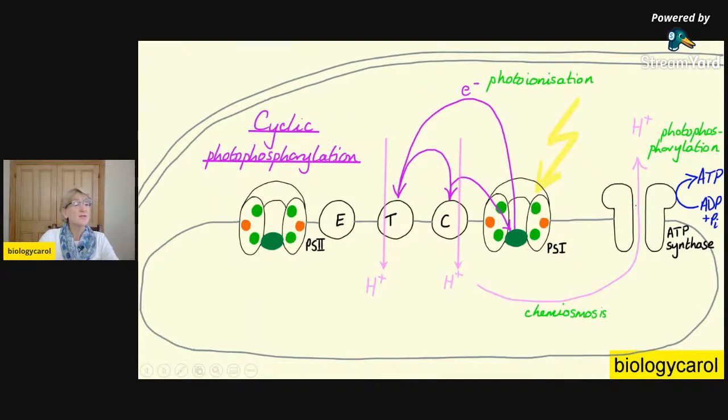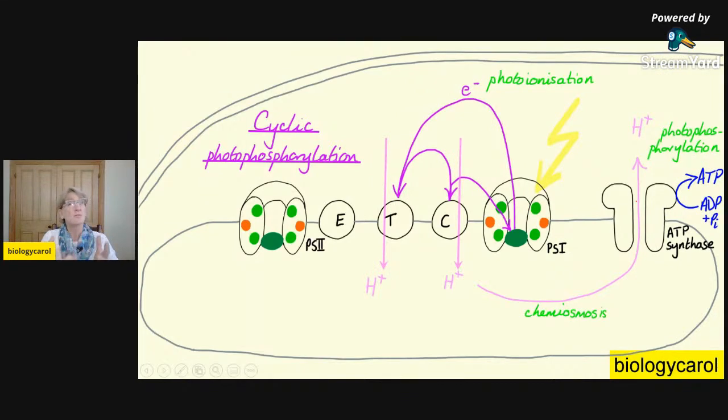When does photosystem 1 do cyclic? Photosystem 1 only does cyclic photophosphorylation in some very simple organisms, like photosynthesizing single-celled organisms, so they will be eukaryotes because they've obviously got chloroplasts in them, they've got membrane-bound organelles.